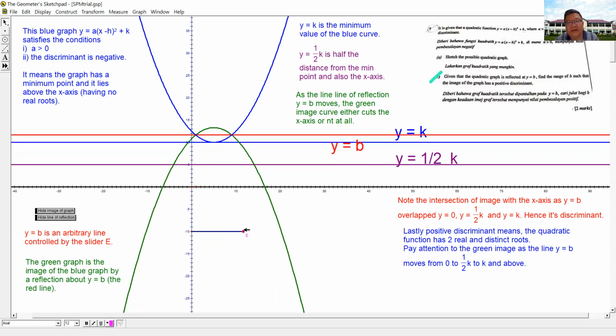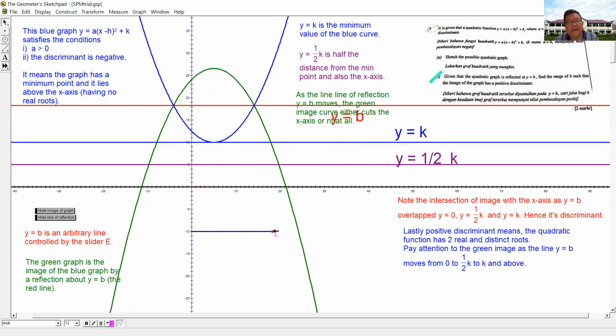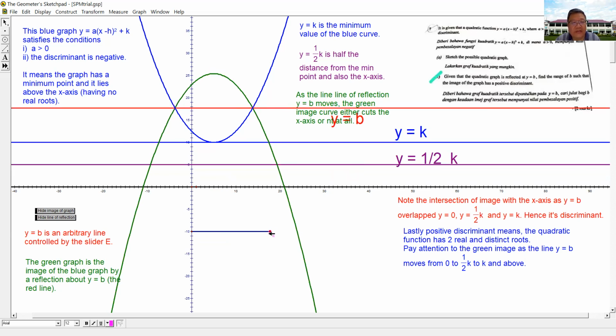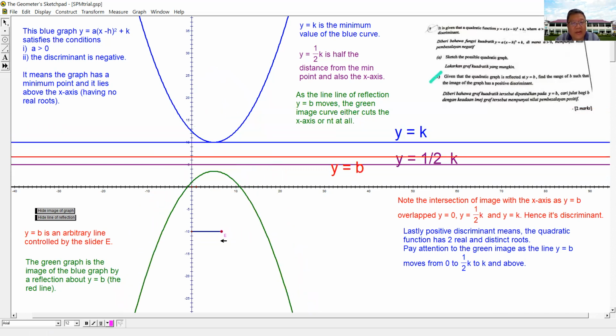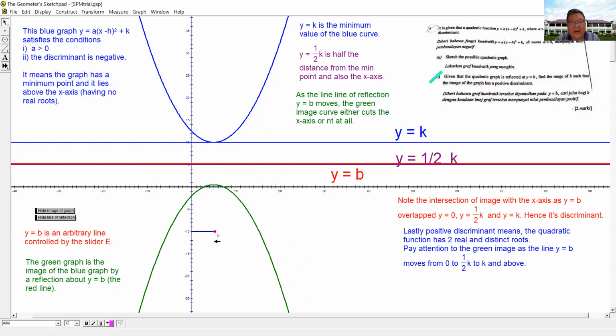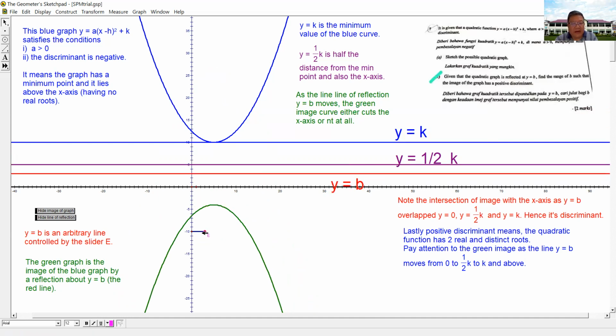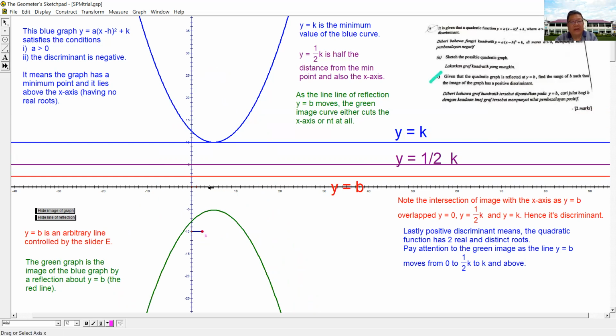As I increase the line, the curve spreads out and we still have 2 points of intersection. The curve has 1 point of intersection when b is half k. When b is less than half k, this green curve no longer touches nor cuts the x-axis, so there are no real roots.